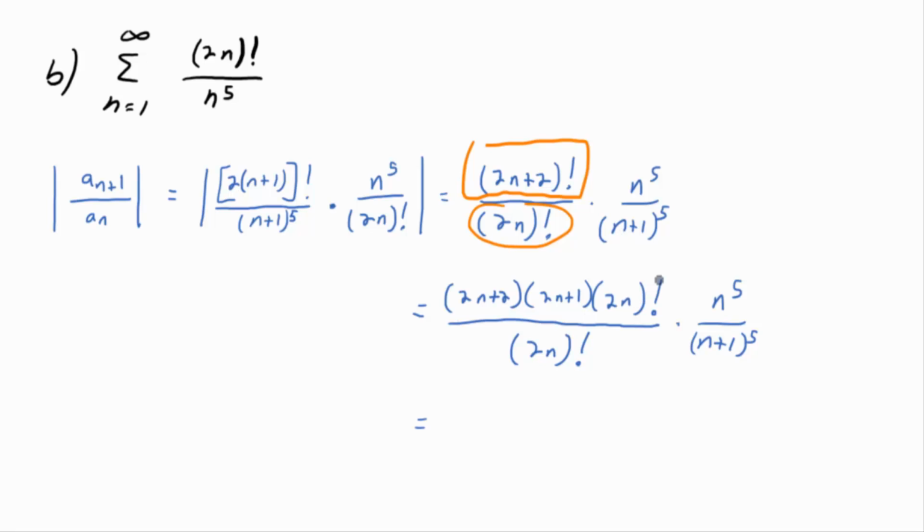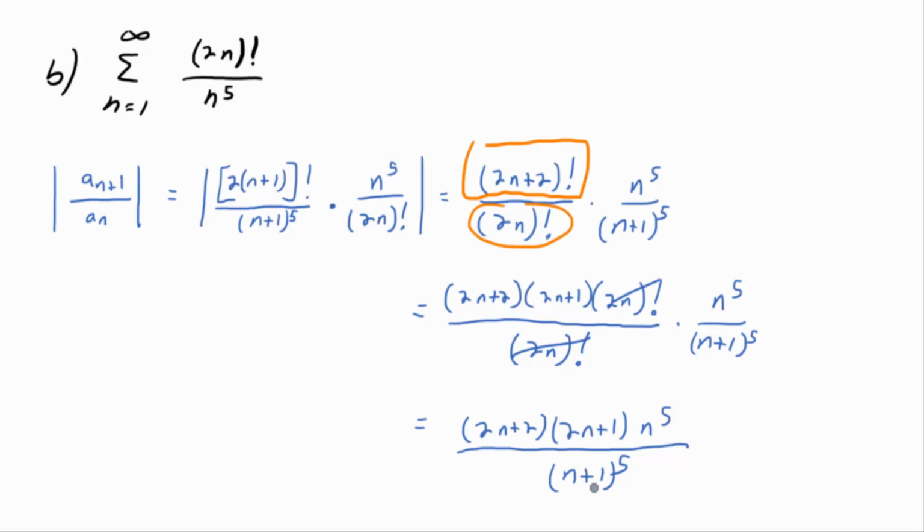So does everybody see the cancellation? I want to see that to make sure you know how that works. And then that leaves me with what? 2n plus 2 times 2n plus 1 times n to the 5th, all over n plus 1 to the 5th, or you could keep that separate if you wanted.